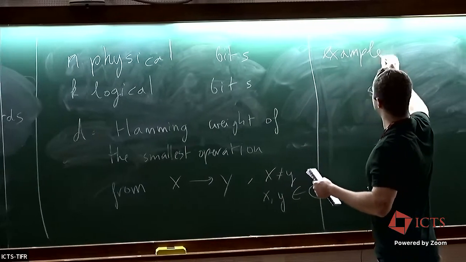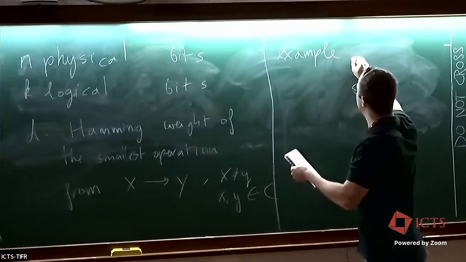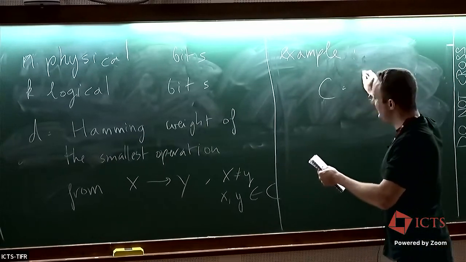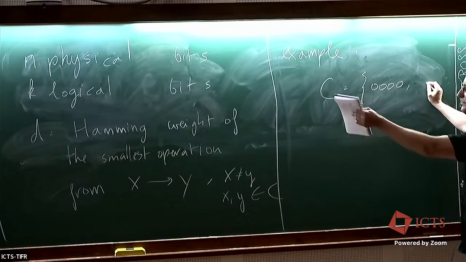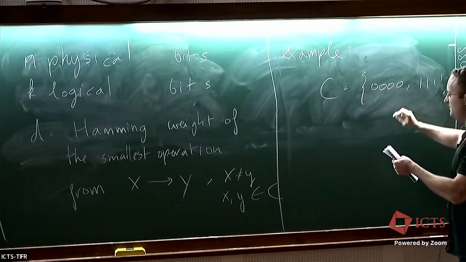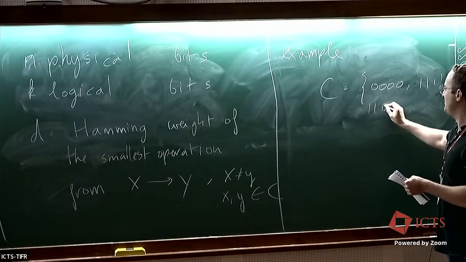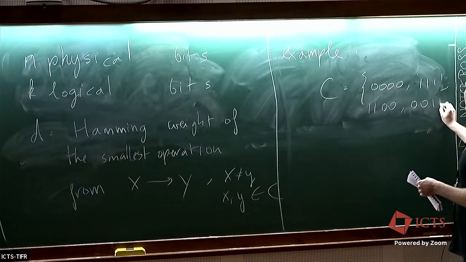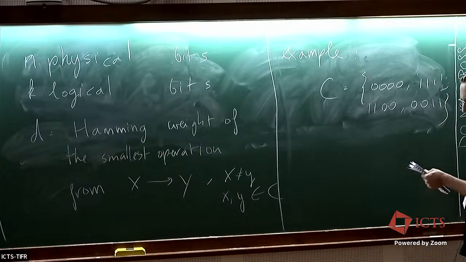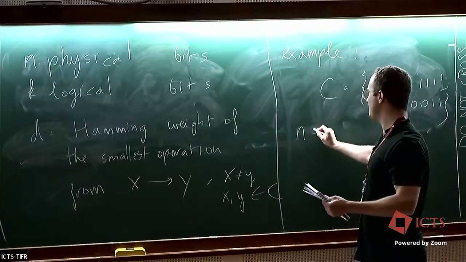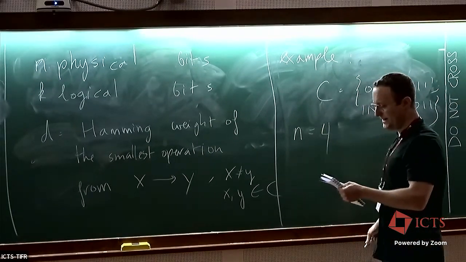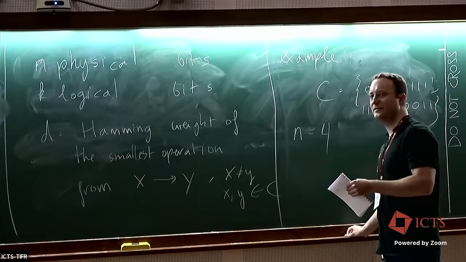Example. The code space can be 0, 0, 0, 0, I have 4 physical bits, 1, 1, 1, 1, 1, 1, 0, 0, and 0, 0, 1, 1. So there are 4 physical bits, n equals 4. How many logical bits are there?